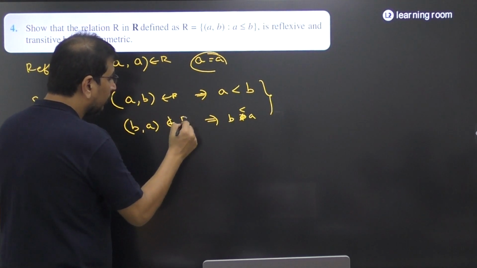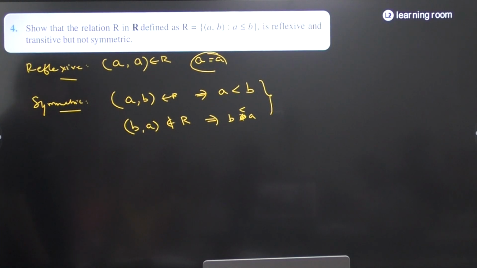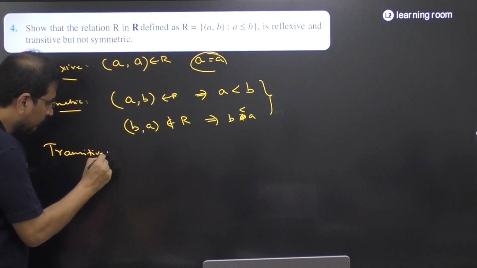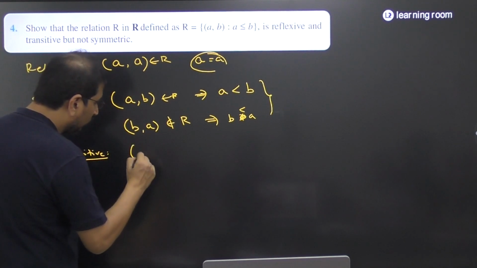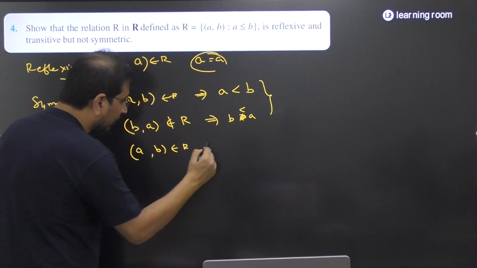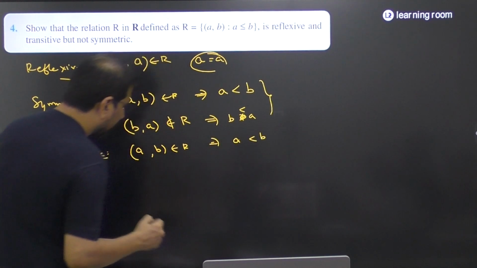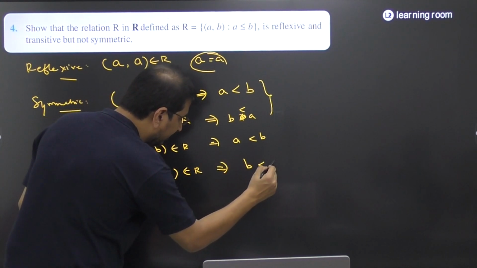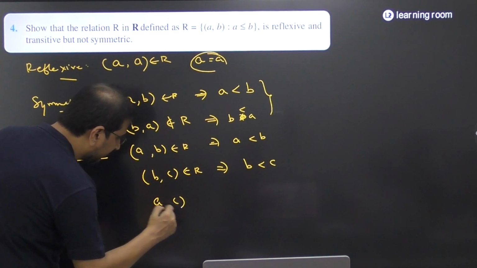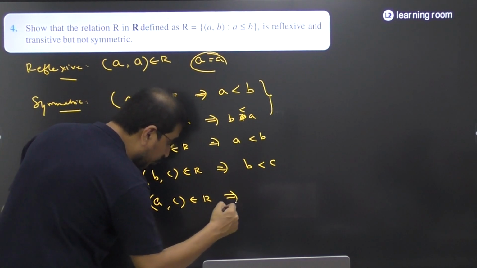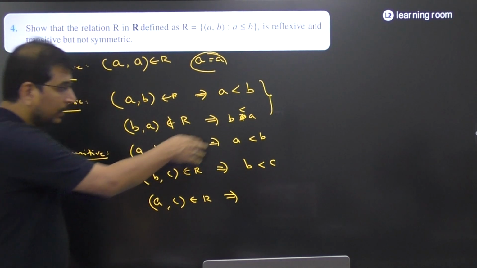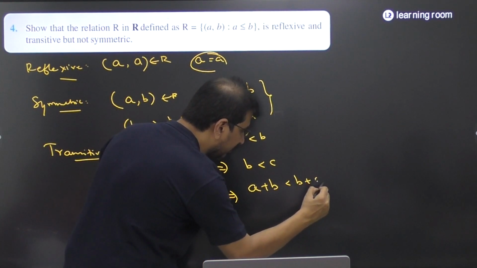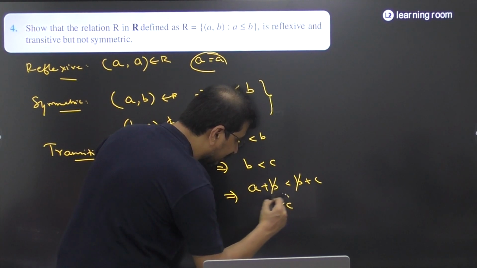So this does not belong to R. What about transitive? Is it possible? (a, b) belongs to R, what does it imply? a is less than b. (b, c) belongs to R implies b is less than c. (a, c) belongs to R should imply what? Add them. When you add them, a plus b is less than b plus c. b and b will get cancelled. a is less than c.